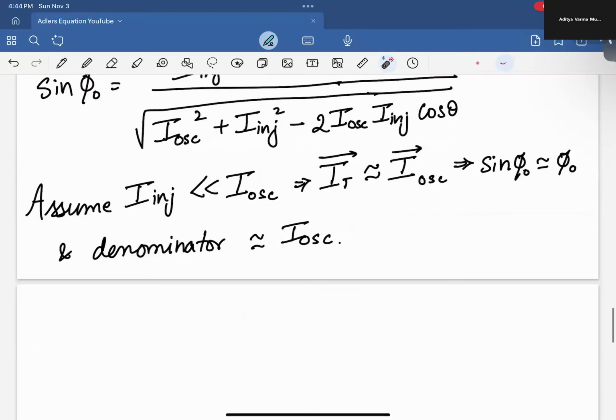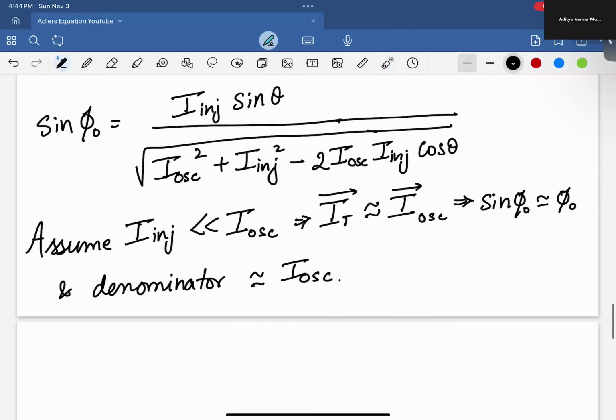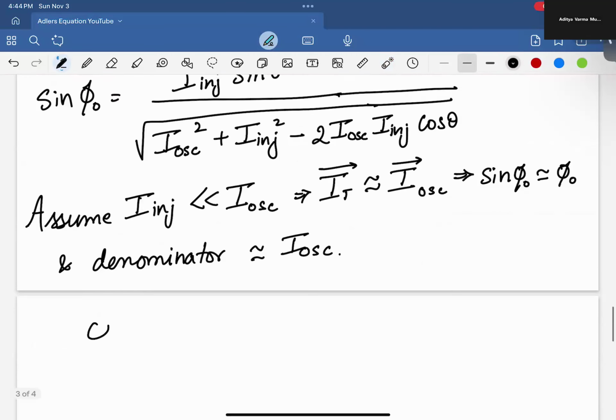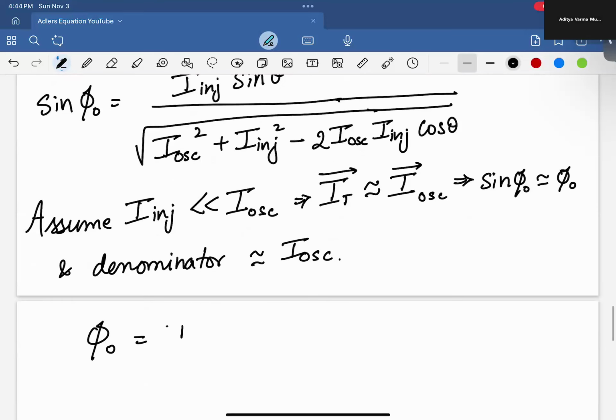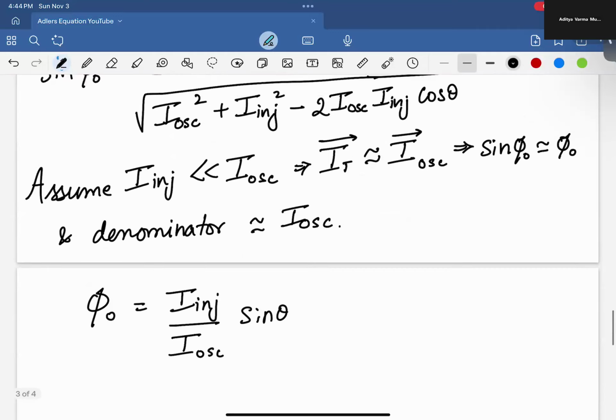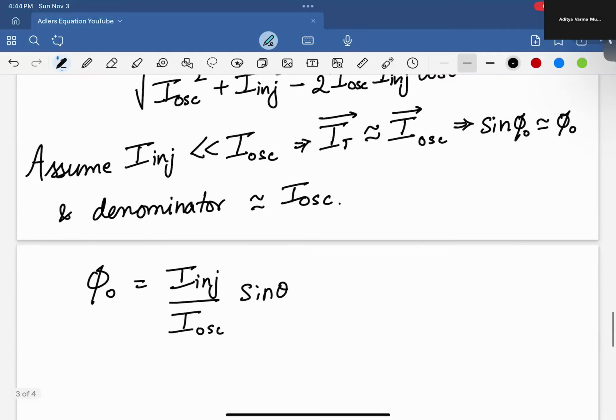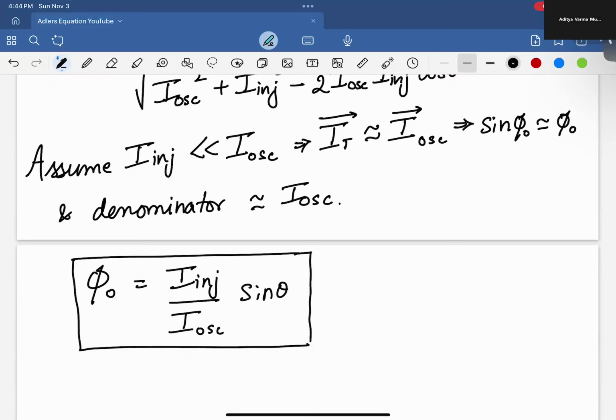Okay, so we can simplify this as saying the left-hand side is now phi naught, and the right-hand side is I injection over I oscillation times sine theta, right? Okay. So call this equation 2.